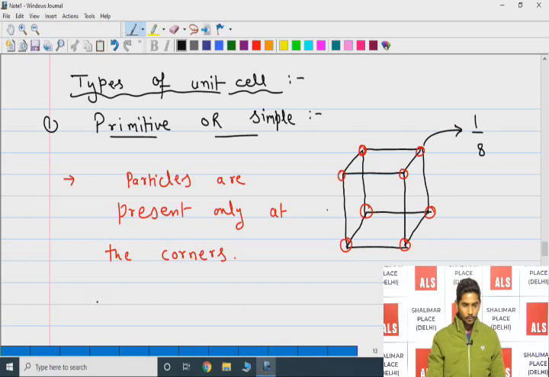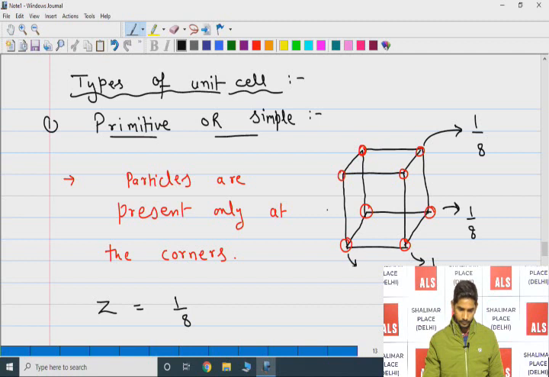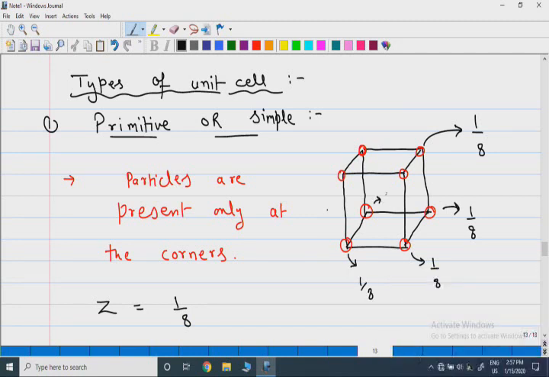If I would like to calculate the Z for it, which is the effective number of atoms, meaning exactly how many spheres can be inside the unit cell, from one corner I'll have the 1/8 part, and I have a total of 8 corners. So I'll say 1/8 into 8. So it is 1. So in case of the simple or primitive unit cell, the effective number of atoms will be exactly 1. Are you clear with this one?